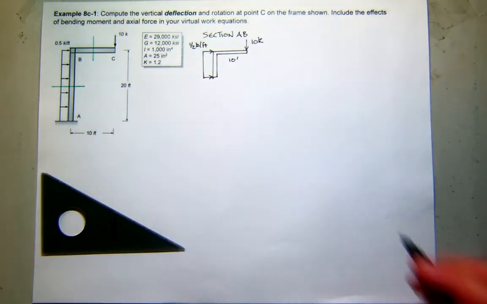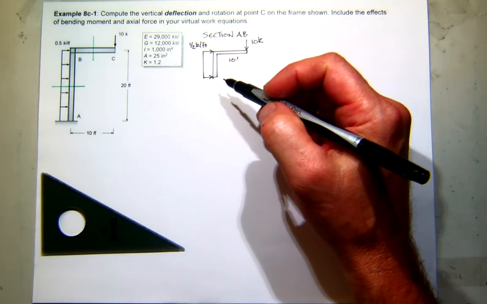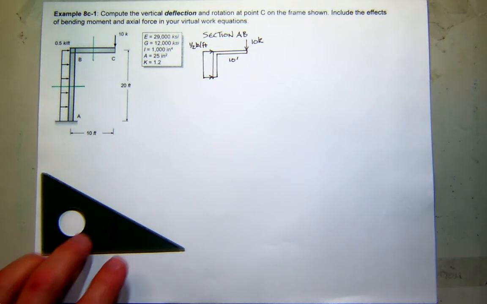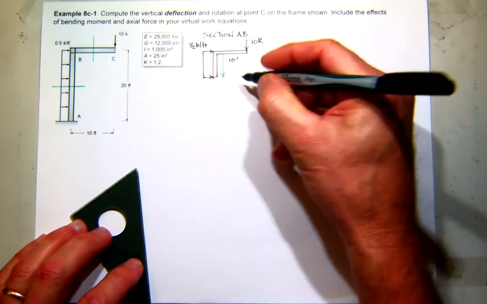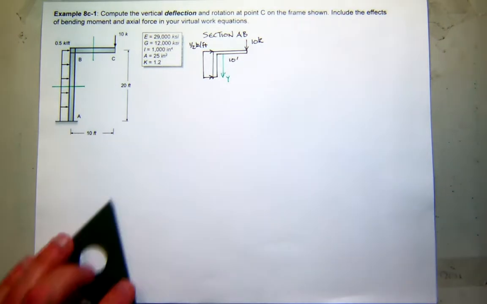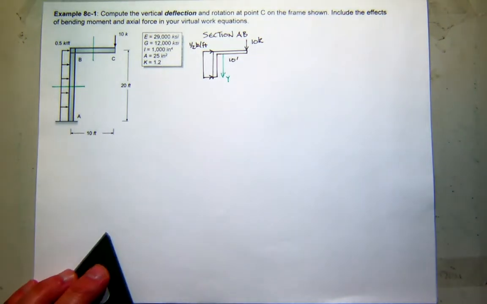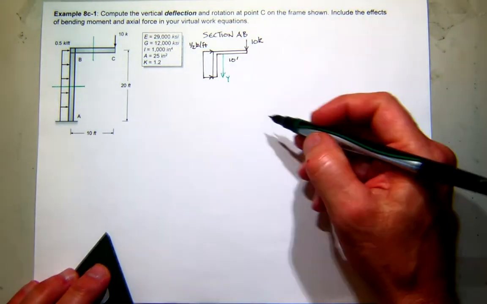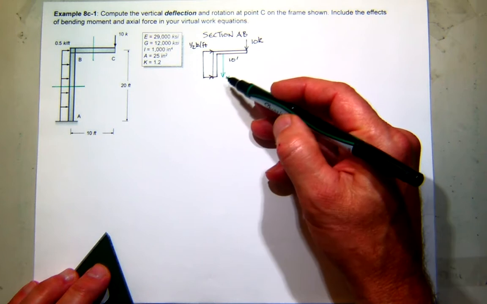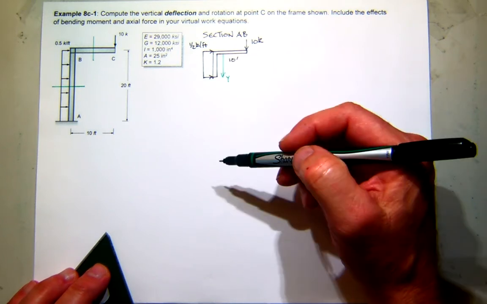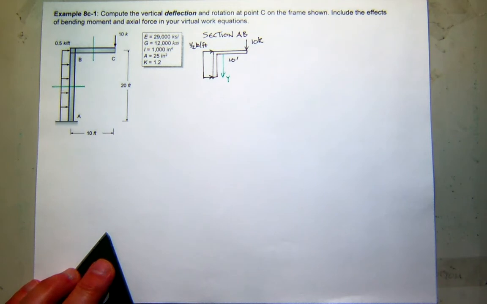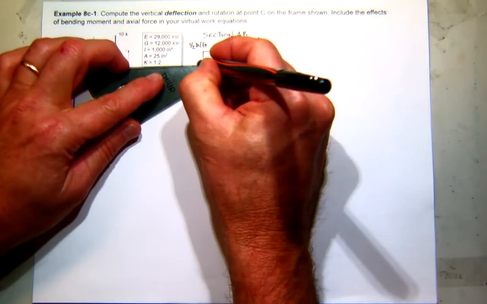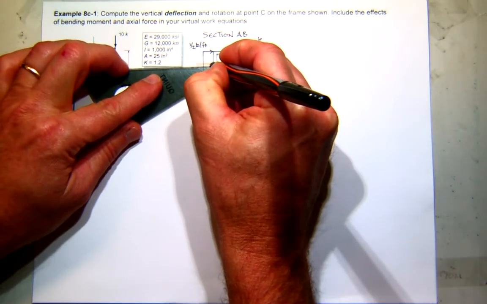Now I have to decide how I want to measure this. I'm going to decide to measure it down, and I'm going to call that Y, because I can. I think it would be easier than measuring Y from the base up and then having this segment be 20 minus Y. If I do that, I can calculate the concentrated equivalent force.